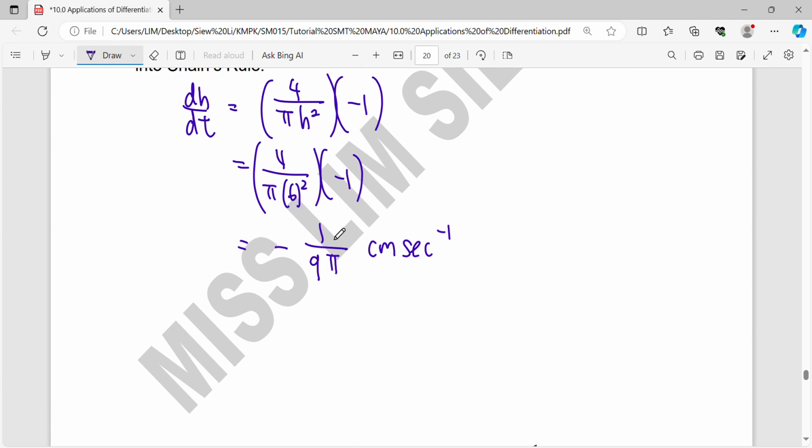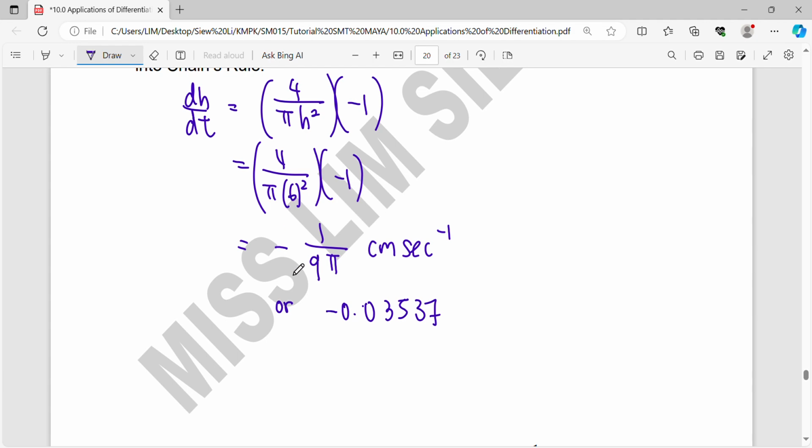If you don't want to leave your answer as a fraction, we can press it into decimal, which will be equal to -0.03537. So either one is fine.